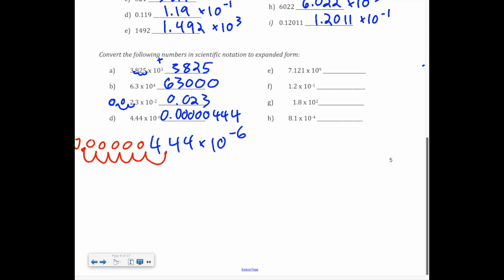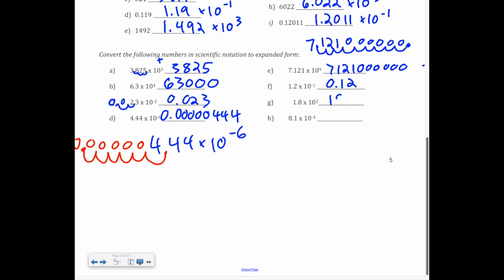For this one, I've been doing this for years, and I still have to do it this way. Loop 1, 2, 3, 4, 5, 6, 7, 8, 9. Okay, there's my decimal place, so I fill in the zeros. So that should be 7, 1, 2, 1, 1, 2, 3, 1, 2, 3. Okay, and then this one should be 0.12.